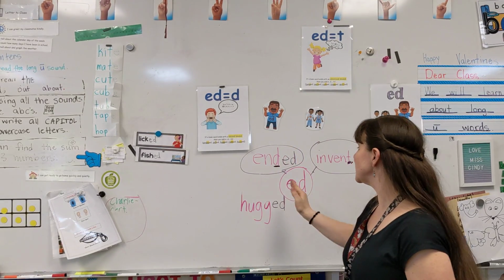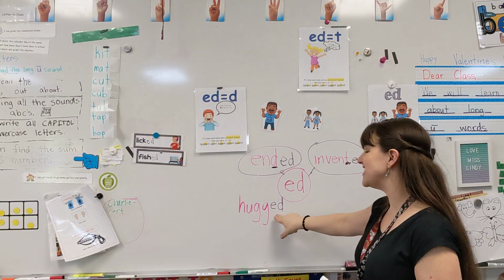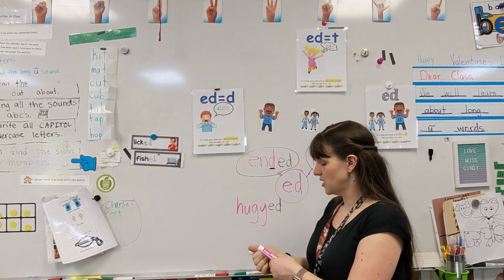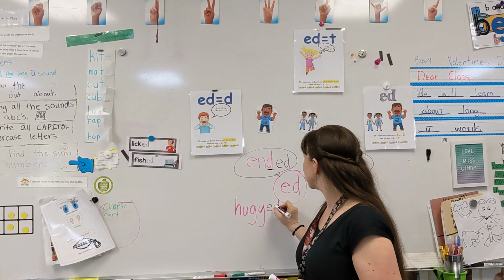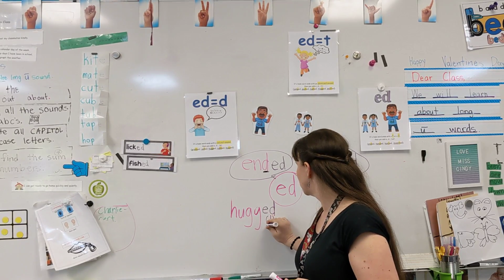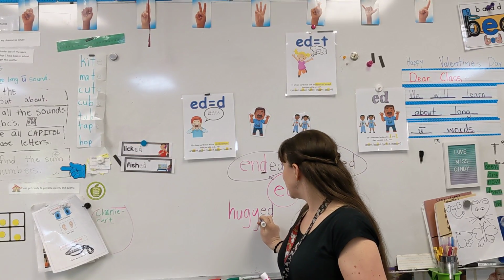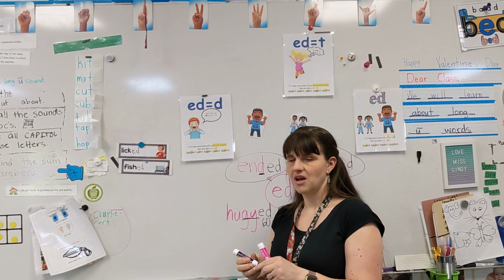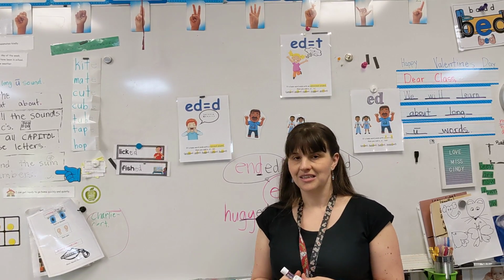Okay, so unless it ends with a D or a T, the ED doesn't say the normal sound. So here the ED is going to say just the D sound. So I'm going to write a D here. All right? It ends with a voiced sound. Hugged. Okay?